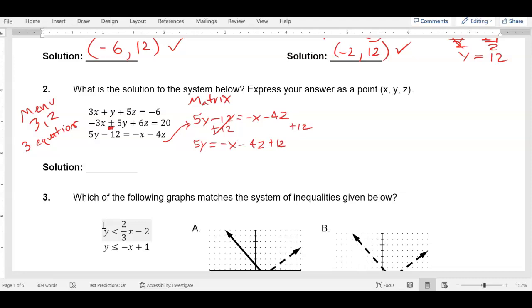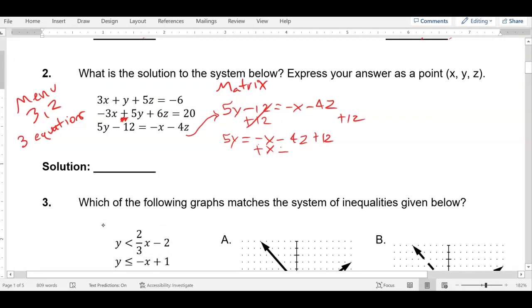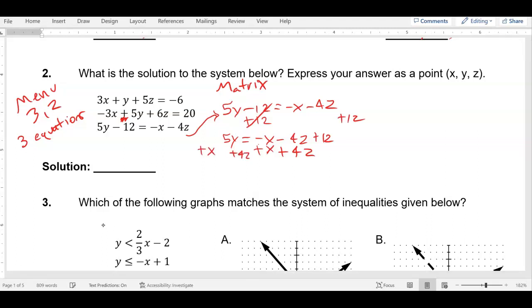Now I need to move the x and the z over to the left. So I'm going to add x and then add 4z. So I'm left with x, positive, plus 5y, plus 4z equals 12.